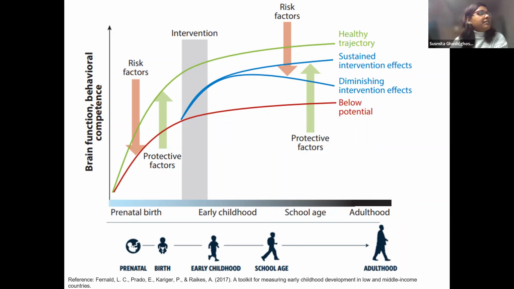The protective factors are adequate nutrition, optimum health provision, or responsive caregiving. If the child is exposed to these protective factors, then the intervention effects can be sustained. Or if the child is exposed to the risk factors that I mentioned in my previous slides, that can diminish or decrease the intervention effects.